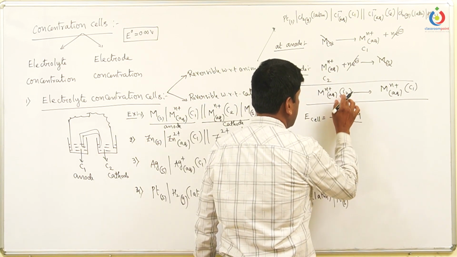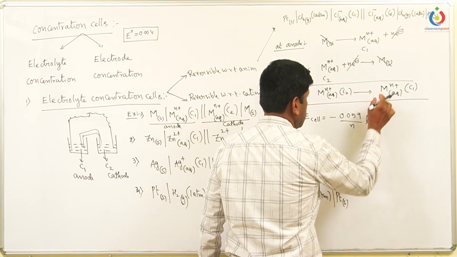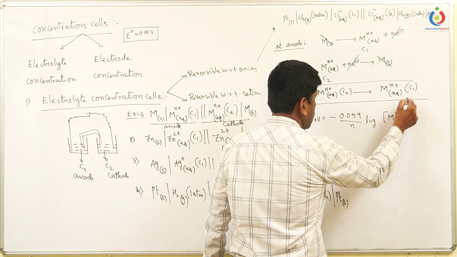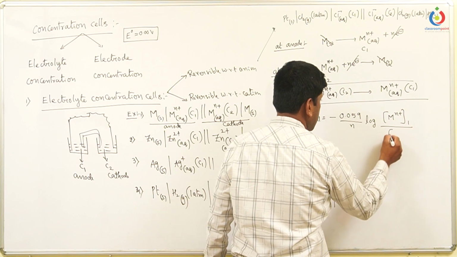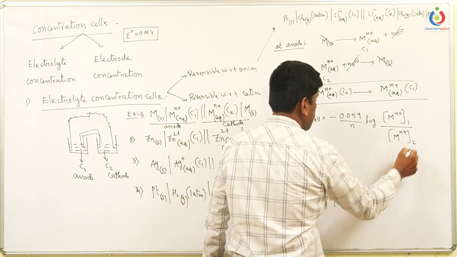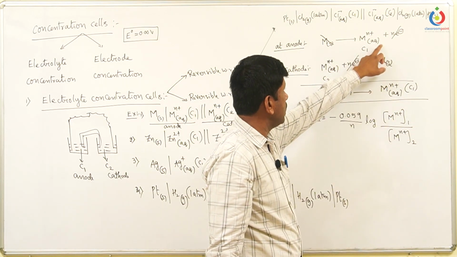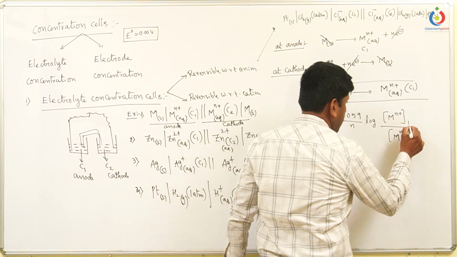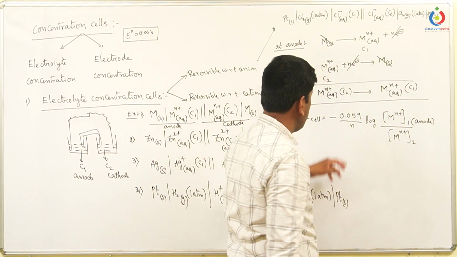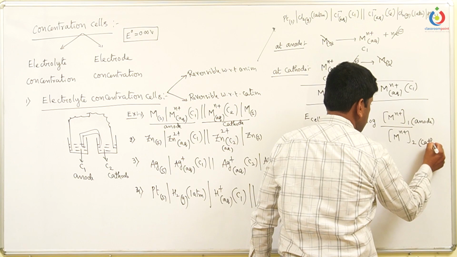0.059 by n, where n is the number of electrons involved, into log of the concentration of the product M^n+, that is the first one, divided by the concentration of the metal ion, the second one. See, this metal ion is present at the anode, so I can take this as the anode. This metal ion is present in the cathode compartment, so I can take this as the cathode.